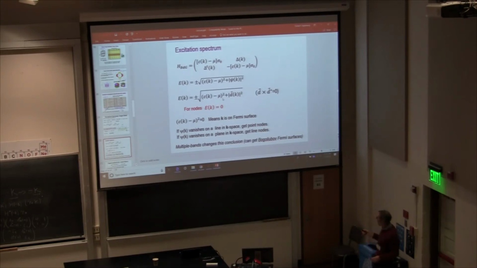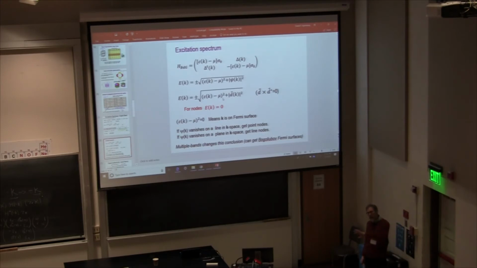If it vanishes along a line in momentum space, and we imagine a three-dimensional spherical surface, then that line intersects the sphere at points, and we get point nodes. The other possibility is that psi of k vanishes in a plane, and a plane intersects a spherical Fermi surface along a line, and we get line nodes. Looking at this theory, these are the only possibilities we would expect: either point nodes or line nodes.